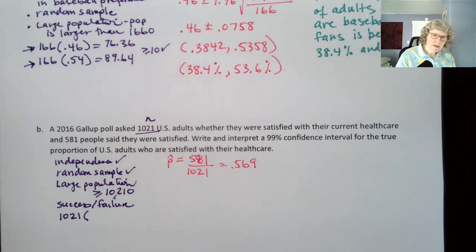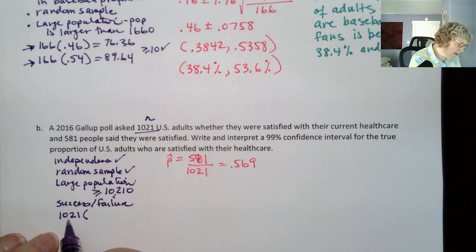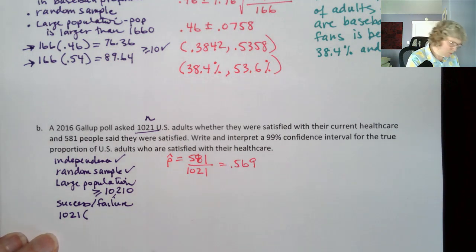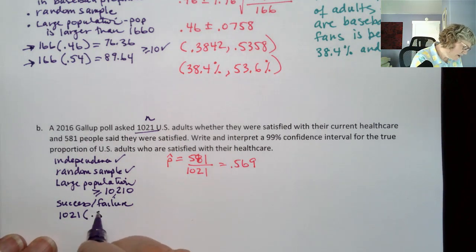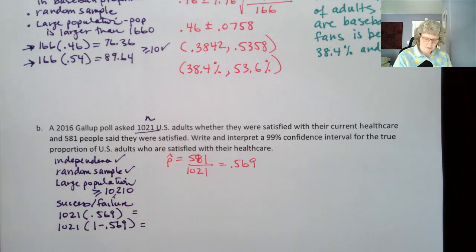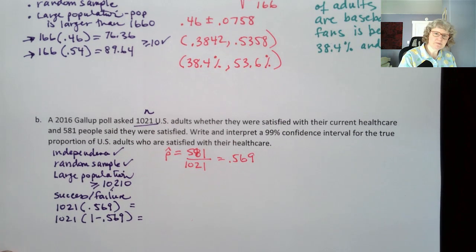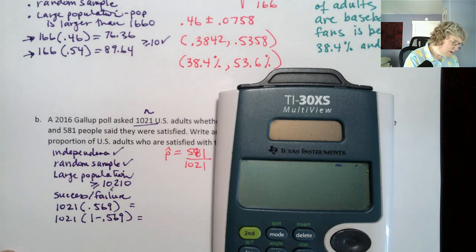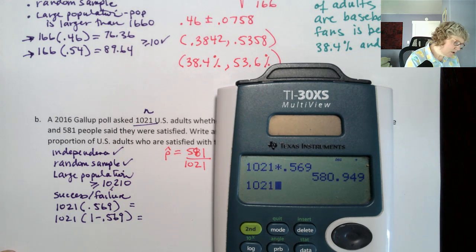Okay, so now that I know my p hat, I can multiply. It's also in the middle, so I'm not worried about that. 0.569 and 1,021 times 1 minus 0.569. I'll do it the other way this time. 1,021 times 0.569 and 1,021 parentheses 1 minus 0.569.